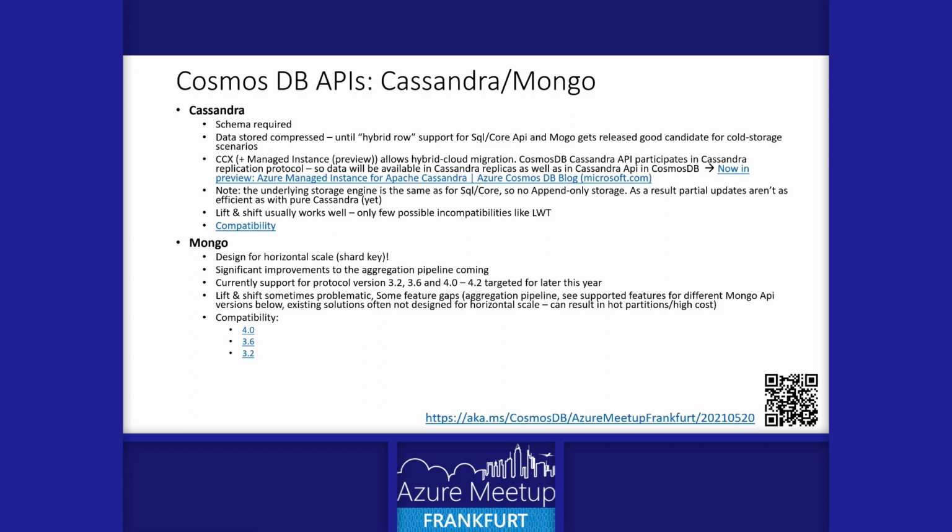The two main scenarios where I would be careful if you want to migrate an existing Mongo app to the Mongo API in Cosmos: any usage in the aggregation pipeline is worth double checking, because in the aggregation pipeline, I would guess we support around 60 to 70% of operations, but there are a couple of them that are not supported. And then with Mongo 4.0 and 4.2, native Mongo introduced the concept of distributed transactions.